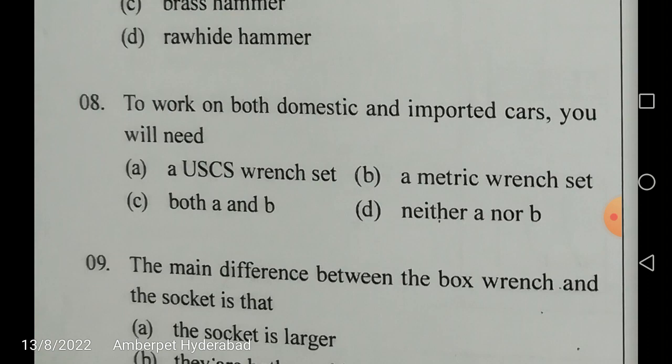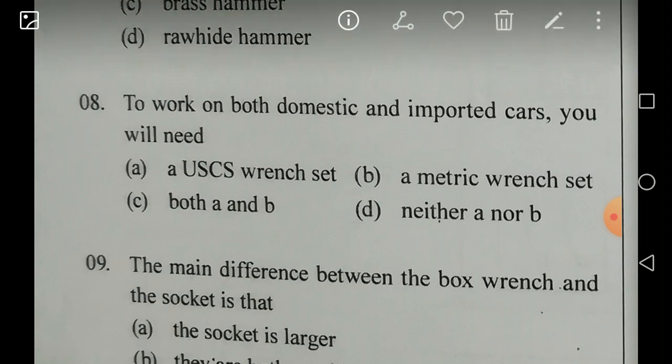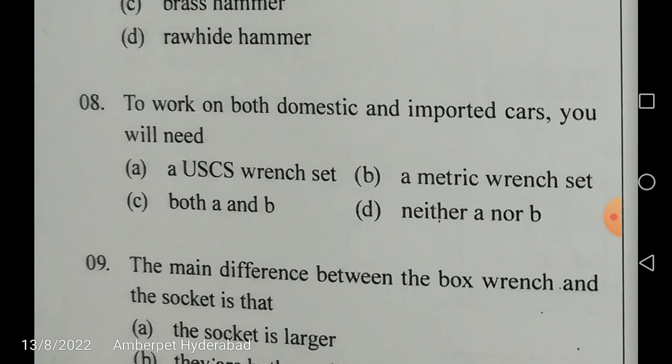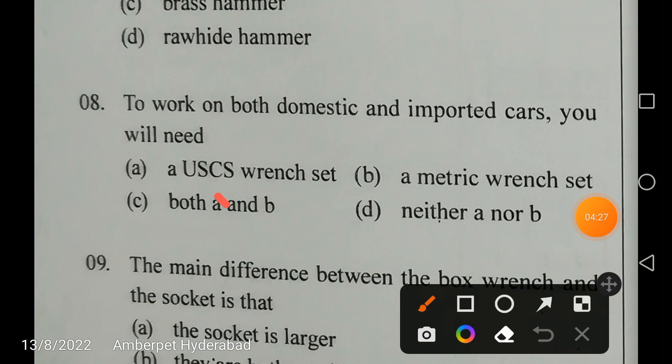I think the metric wrench set is used for your domestic cars, and for your imported cars we have to use a USCS wrench set. Normally foreign cars, imported cars, use USCS wrench sets, and your domestic cars, that are the cars produced in India, our country, use a metric wrench set. So actually the answer is both.